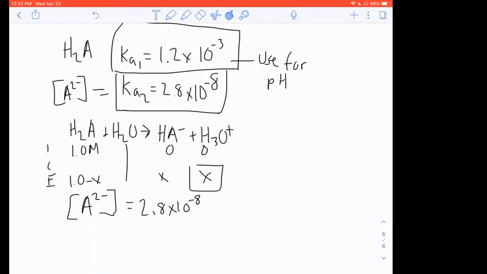So what we'd have here then is x squared over 1 minus x equals 1.2 times 10 to the -3rd. Let me plug that in my calculator really quick, and I'll let you know.